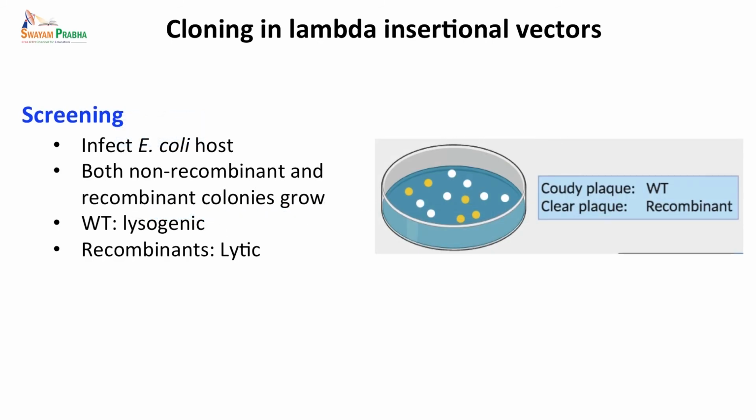So after cloning, you infect the E. coli host, and both non-recombinant and recombinant bacteriophages will grow. The wild type will mostly be lysogenic, whereas recombinants will always be lytic. So you get a cloudy plaque where it is the non-recombinant bacteriophage vector, and clear plaques because of the recombinant bacteriophage vector.